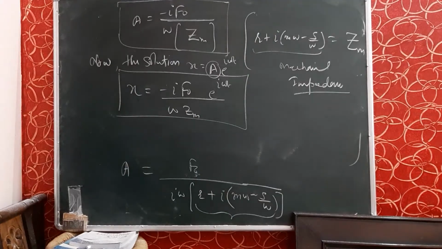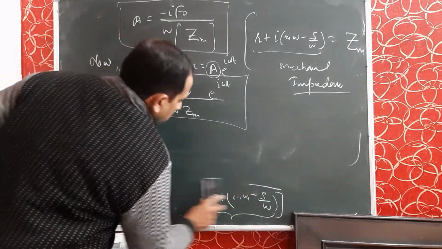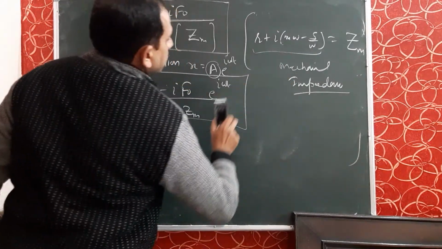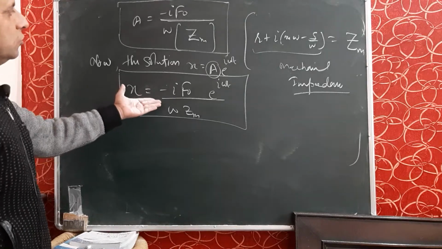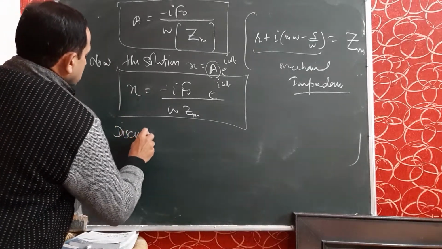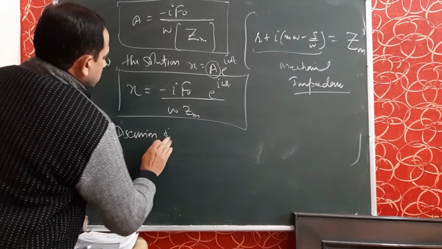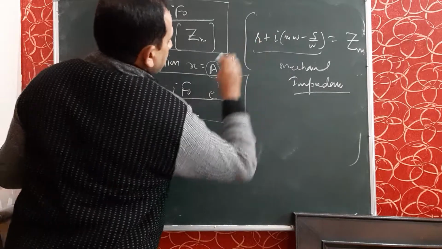So this is the solution of the second order differential equation. Now we will discuss this impedance term in detail, and then finally we get the exact solution of this equation. So first of all, we will have a discussion on impedance.